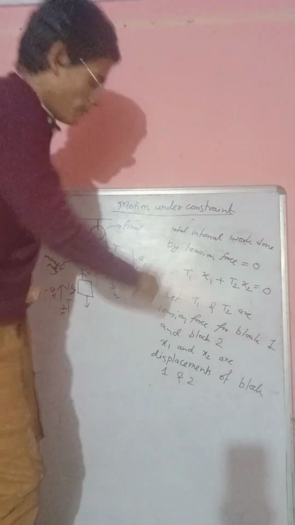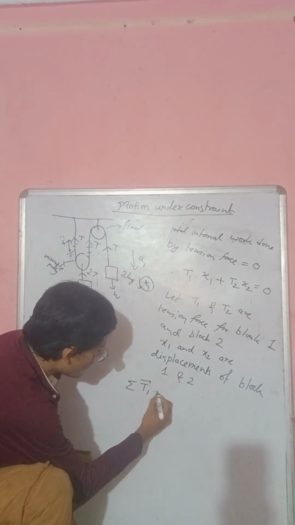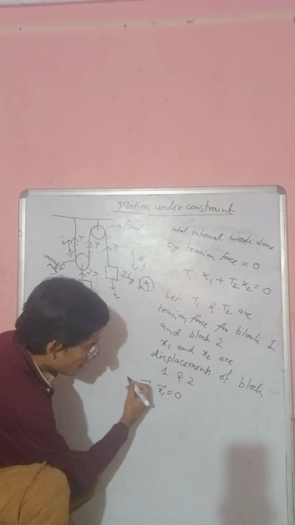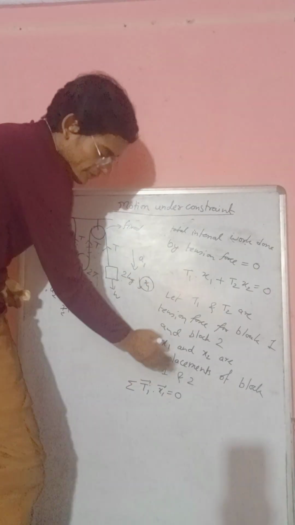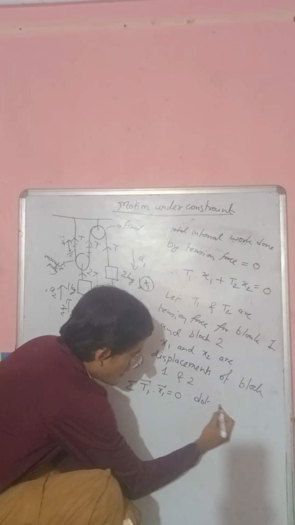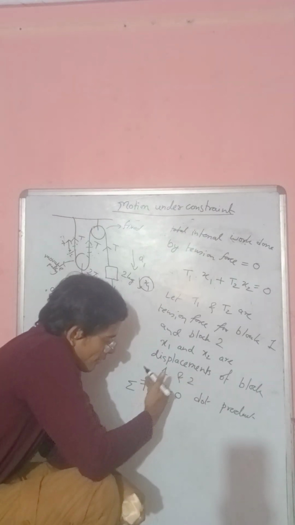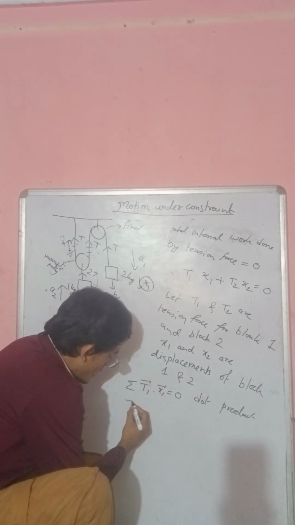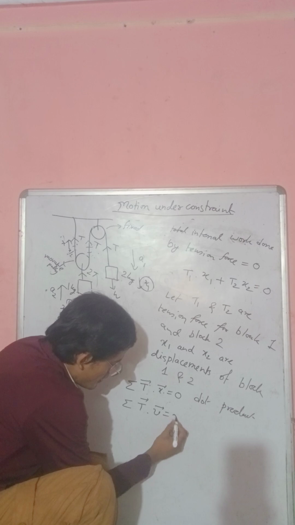So from this we can write the summation of T dot x equal to 0, because we know that work done is always the dot product of the force and displacement. So we have taken the dot product of T1 dot x1. Now if we differentiate both sides, we can write the summation of T dot v equal to 0.